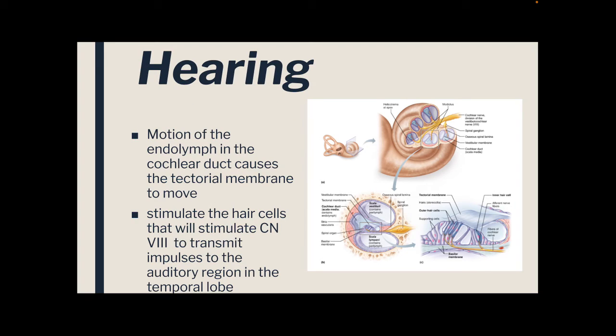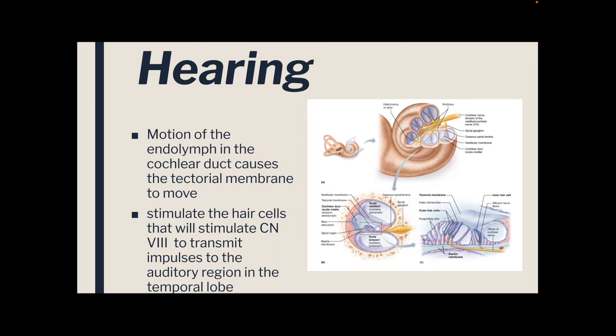Now, the endolymph, this is how the hearing is actually going to work. If you look on page 250, figure 7.12, there's a really good image in your textbook that's going to be helpful. Again, it's page 250, figure 7.12.